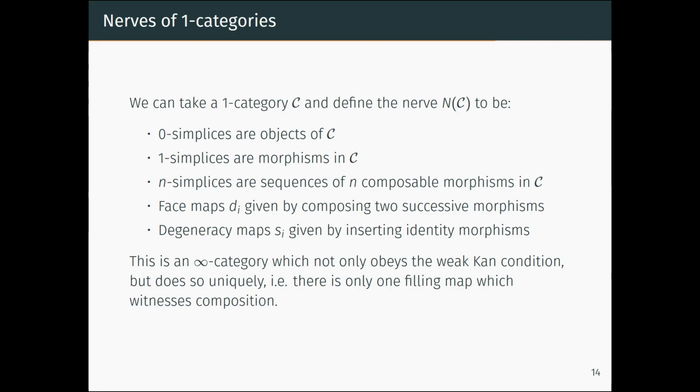And so this defines an infinity category which obeys the weak Kan condition, but it also does so uniquely. And not everyone will do that, but there is only one of these extension maps which witnesses these compositions and similar. So the nerve is fairly nice in that you don't have choices of higher homotopies.